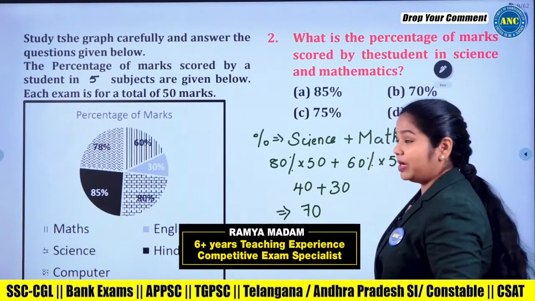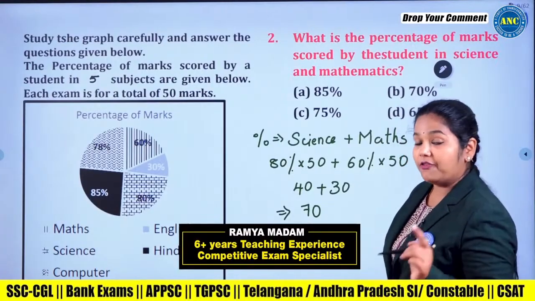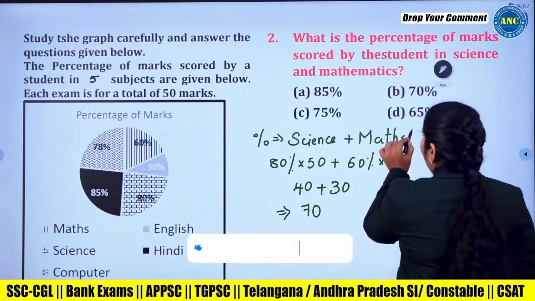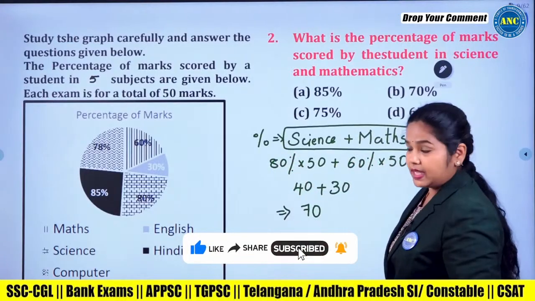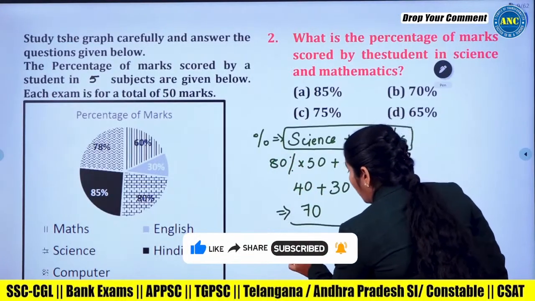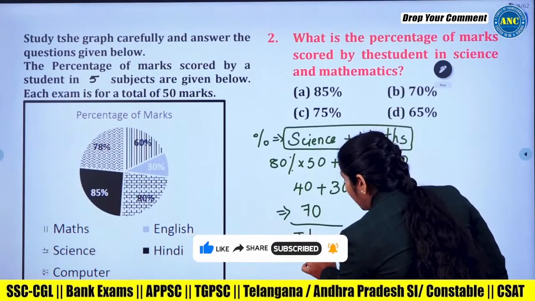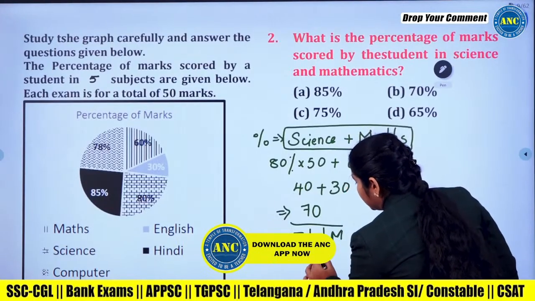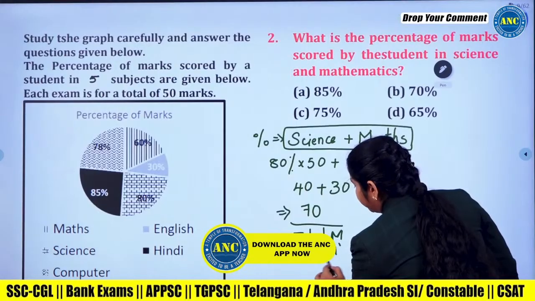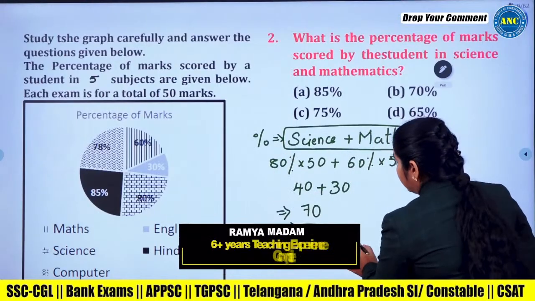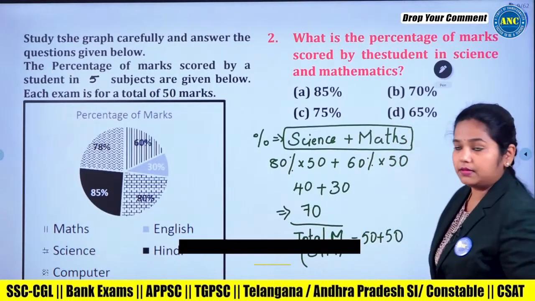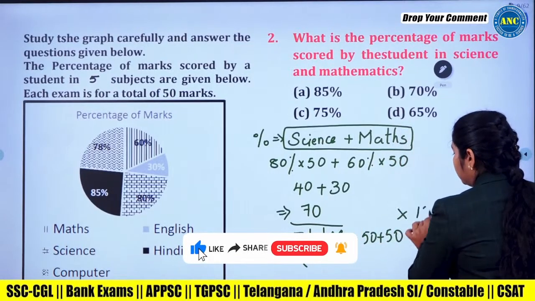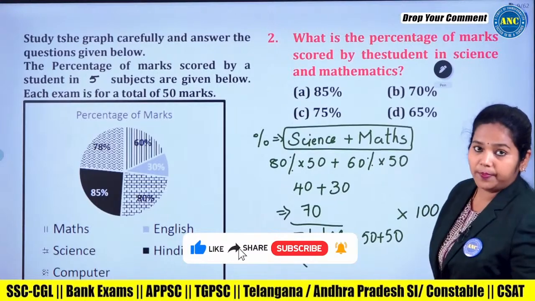Why is this 70%? How do we take percentages? Total marks obtained by the student in both the subjects by total marks of both the subjects. Total marks of both the subjects is 50 plus 50, 100, right? 50 plus 50, 100 into 100. You are getting my point?